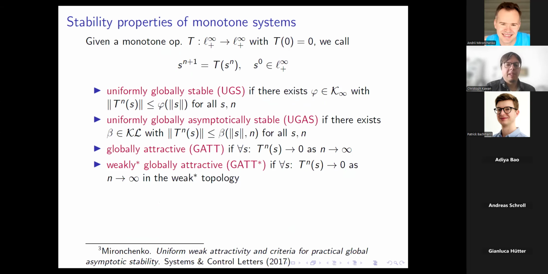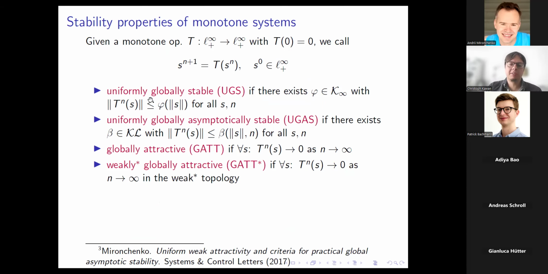Right. Next thing I need are some stability notions for monotone systems. Unfortunately, as I said, a lot of definitions. So given any monotone operator T, which acts on this cone, which maps 0 to 0, so it has 0 as an equilibrium point, we consider the discrete time system generated by T, which is this one.